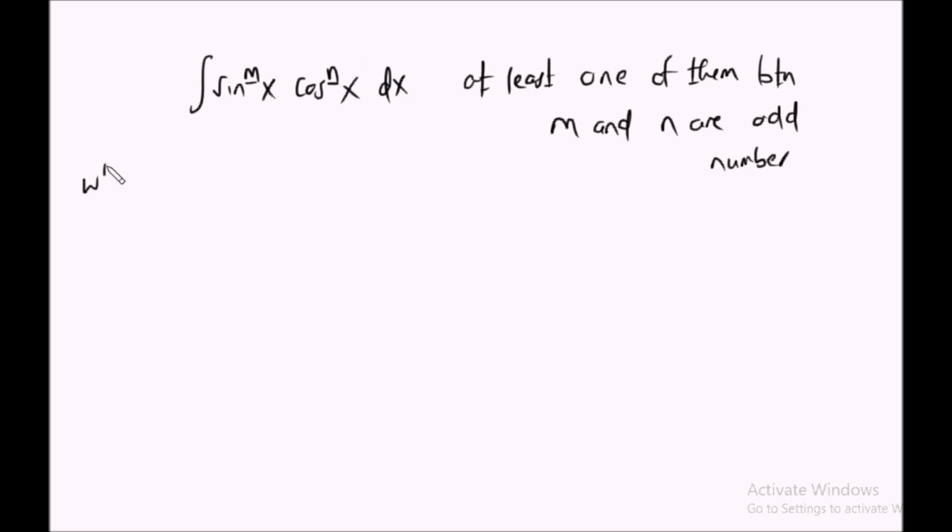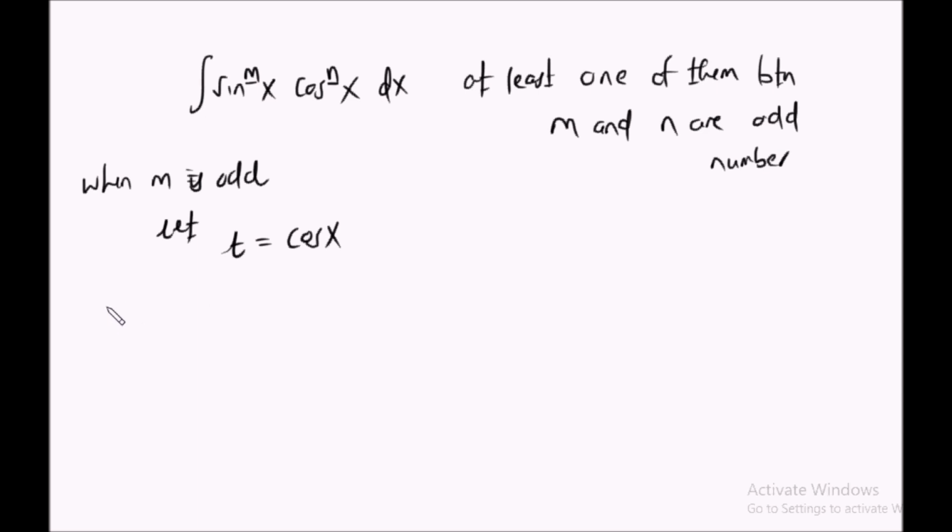So if m is an odd number, what you're going to do is let t equal cos of x.